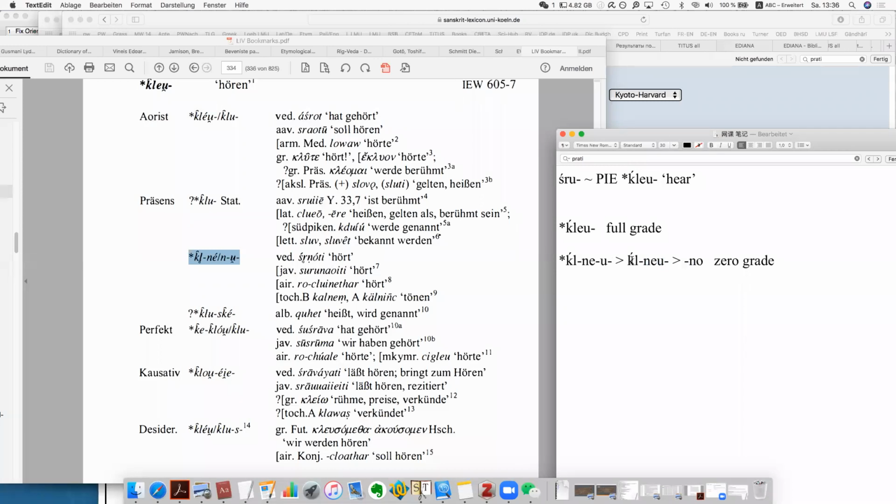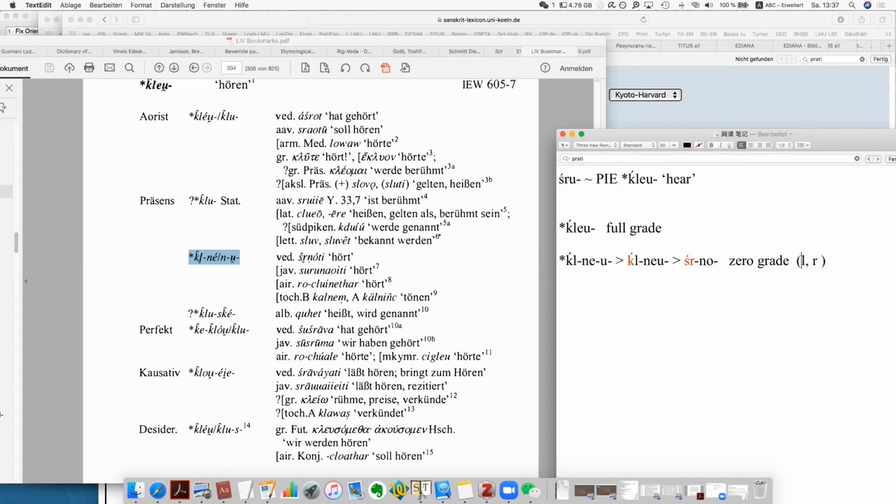And then what happened? This kya is a palatal sound, and Sanskrit is a satem language, so it changes to śya. And L turns into R in Sanskrit. Okay, so this is actually the process. I hope you all know that PIE.